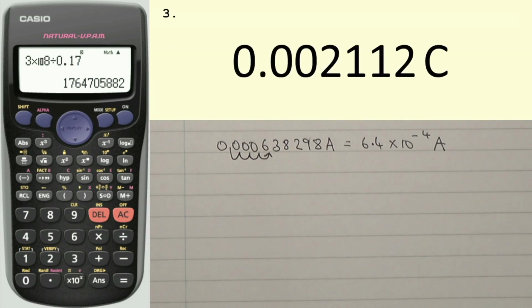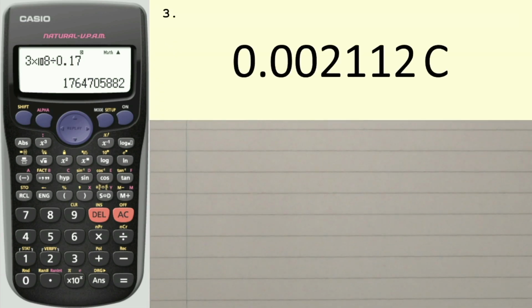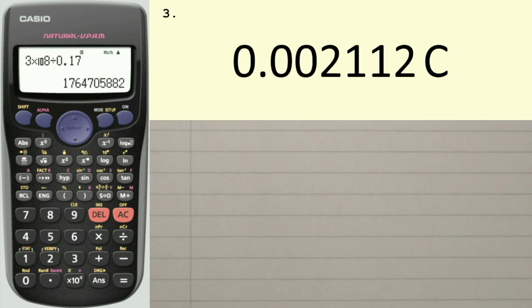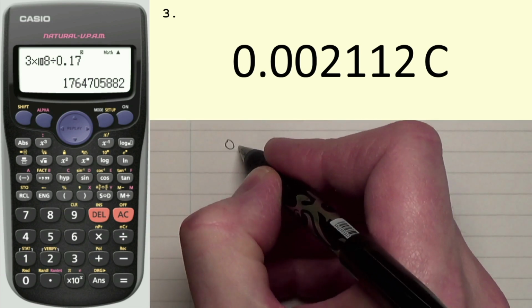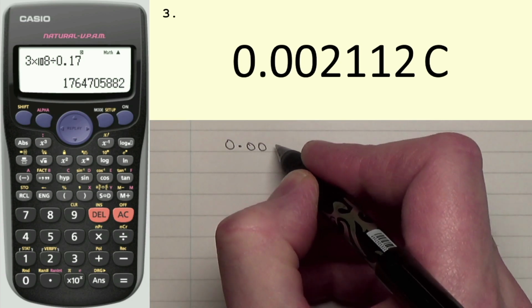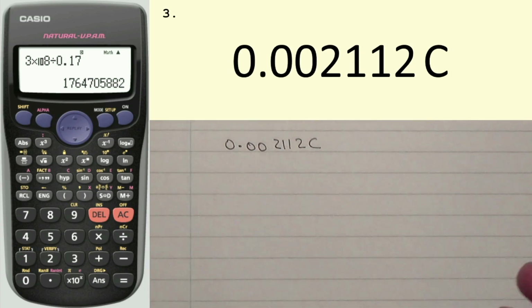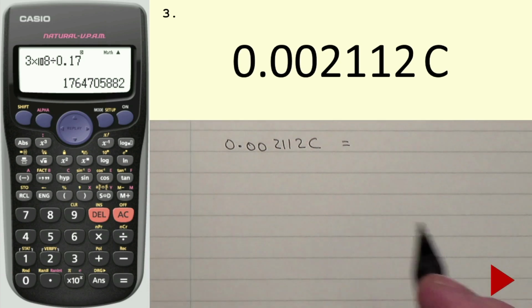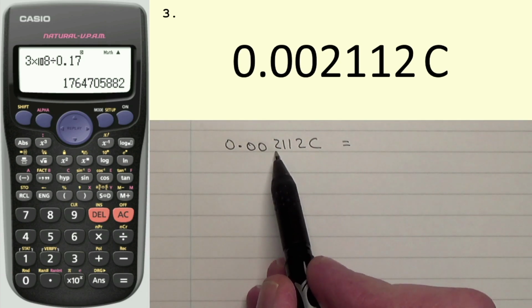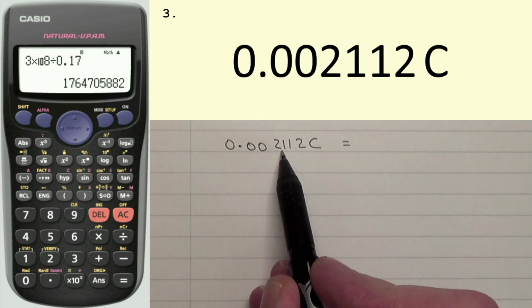Next one, and remember we have 3 of these. Move this up again. The next one's a charge, 0.002112 coulombs. And again, find the first 3 of the non-zero figures. I've got a 2, a 1, and a 1.